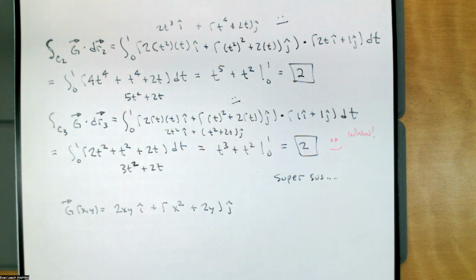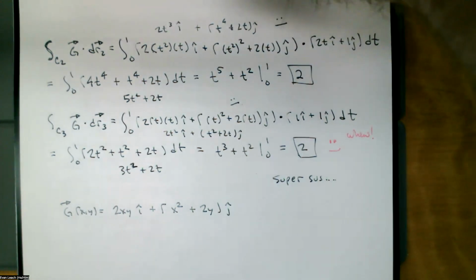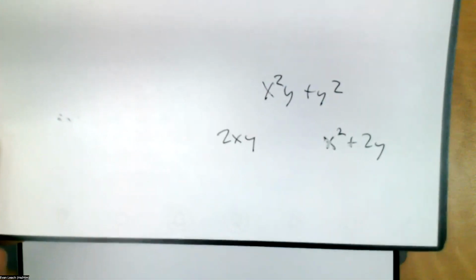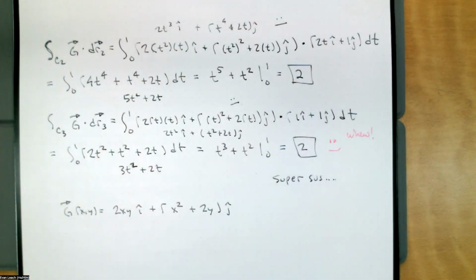So I built this vector field. Well, actually, I designed the vector field to be the gradient of one function. So this vector field has a potential function. And that's why we got the same amount. Potential functions, or sorry, vector gradient fields are path independent.